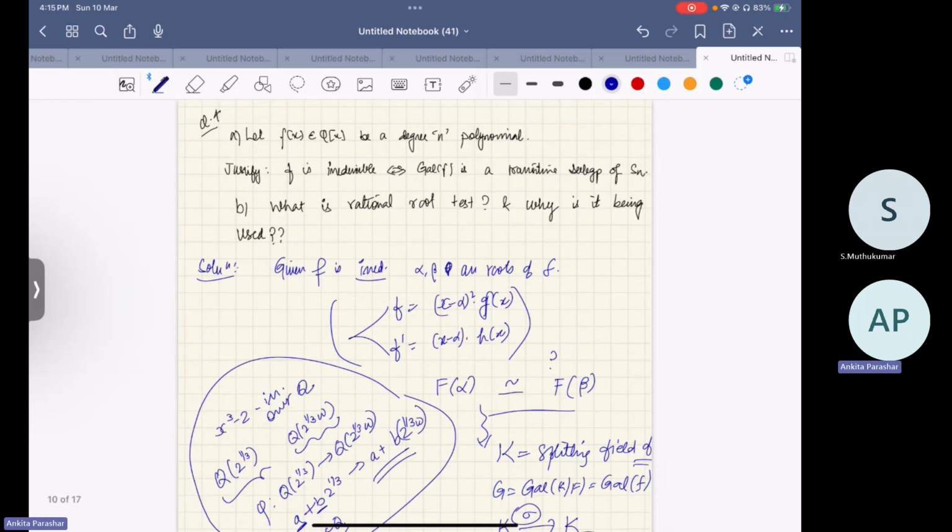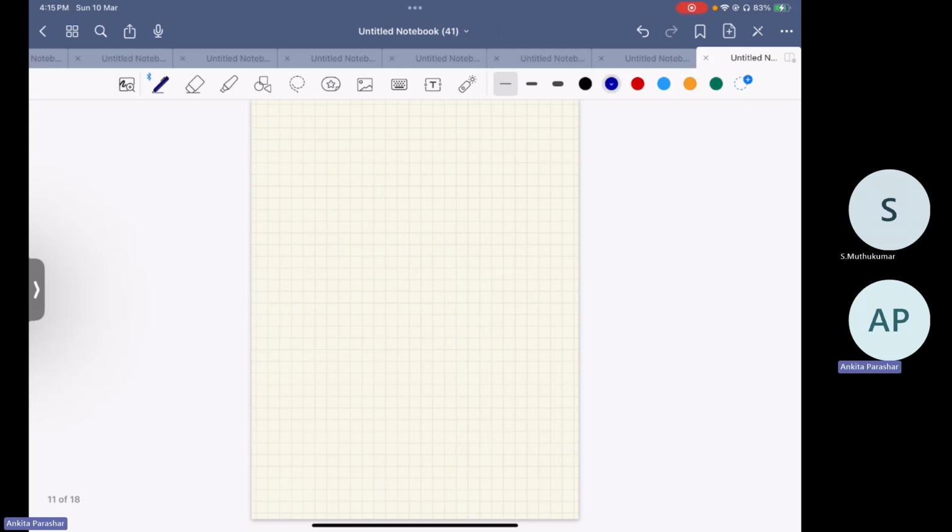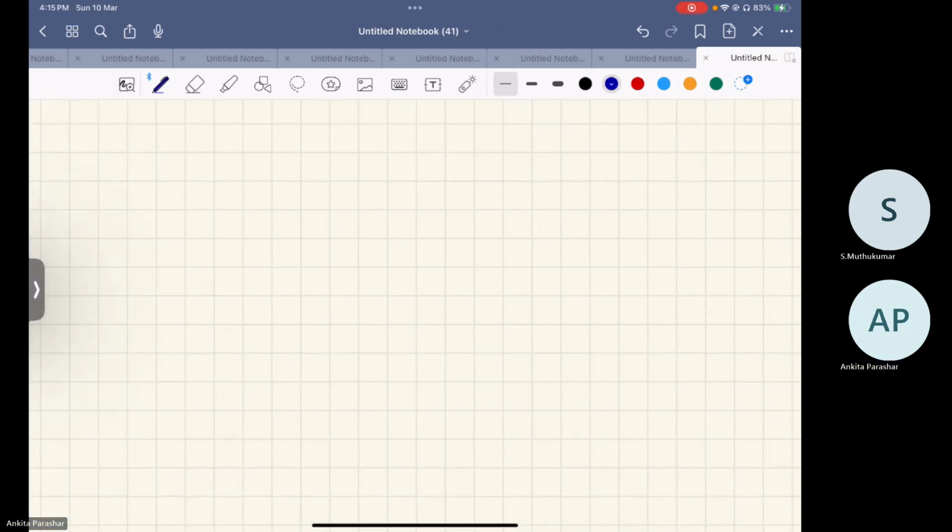So one way is clear: as long as your polynomial is irreducible, the Galois group of its splitting field has to be a transitive subgroup. But suppose your Galois group is a transitive subgroup, can you say F is irreducible? I think that's also okay, and I'll write quickly because I still want to discuss some good questions.